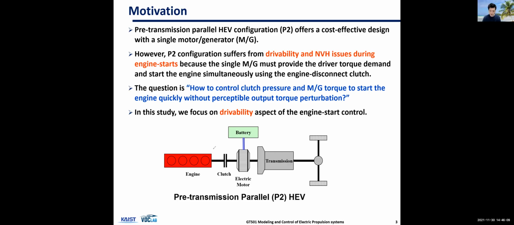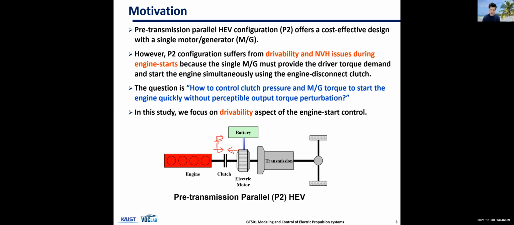but in practice, this is quite challenging, because controlling this clutch accurately is challenging. Plus, if you want to start the engine fast, you need to apply large pressure so that engine speed ramps up fast.